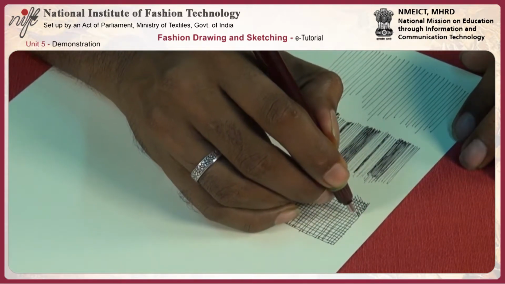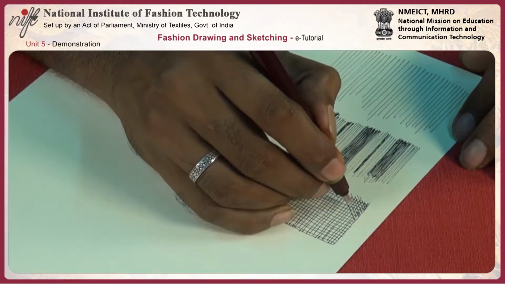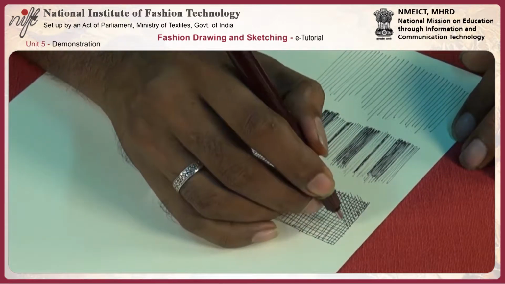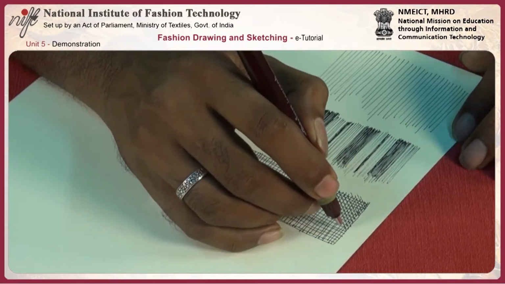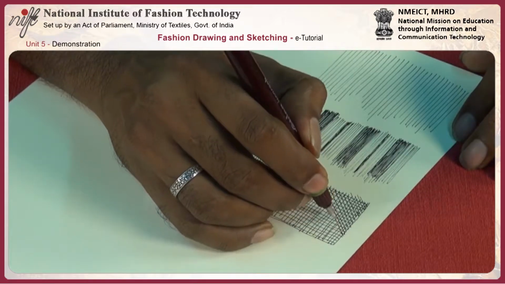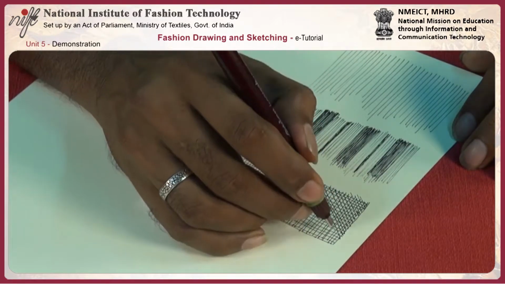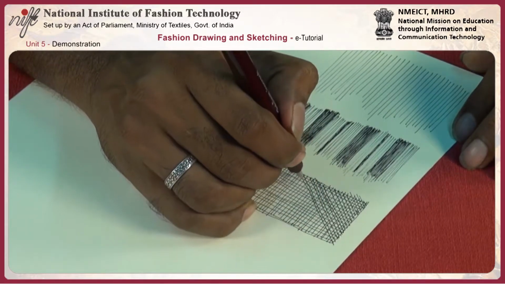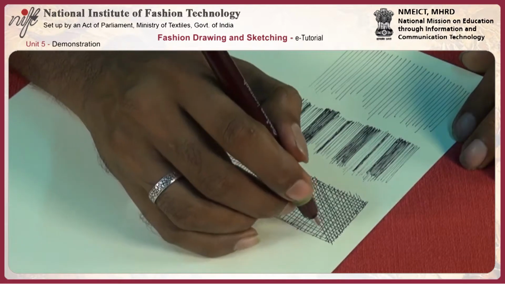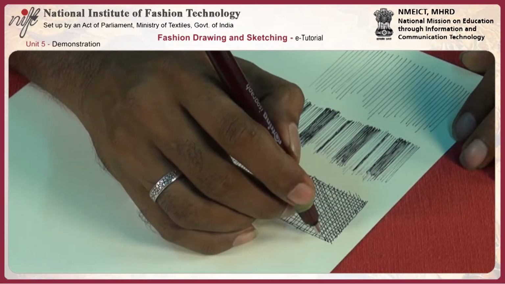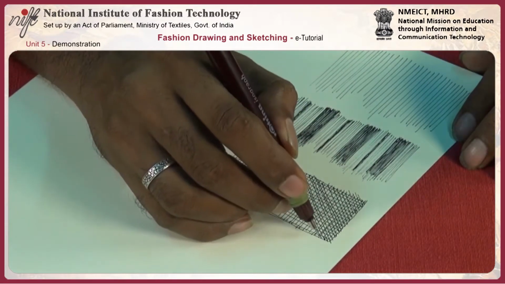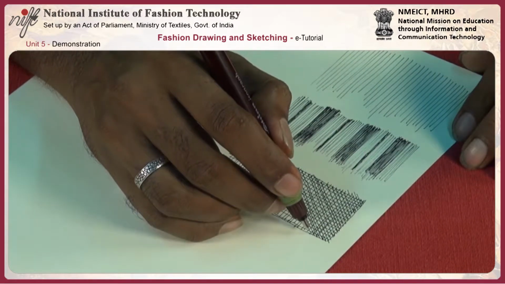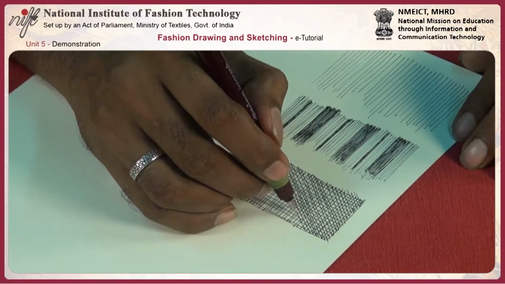Here I am using a very famous method called the cross-hatching method. This cross-hatching method involves drawing parallel lines in one direction, for example horizontally, then adding vertical lines so that small squares are formed on the paper.